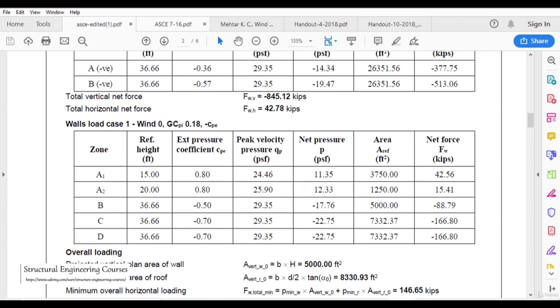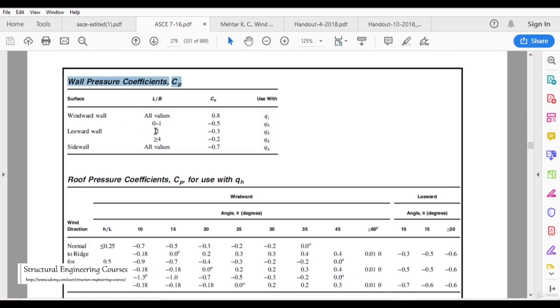For the leeward face, if you refer to the standard here, they had given three options. That is, when L by B is between 0 to 1, the CP value is minus 0.5. When the L by B value is 2, then the CP is minus 0.3, and when L by B is greater than 4, the CP is minus 0.2.